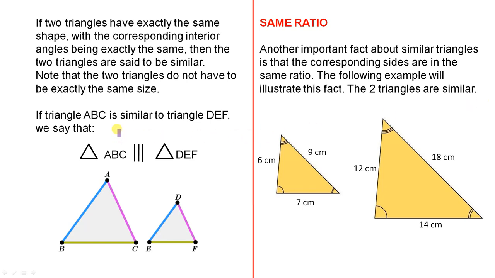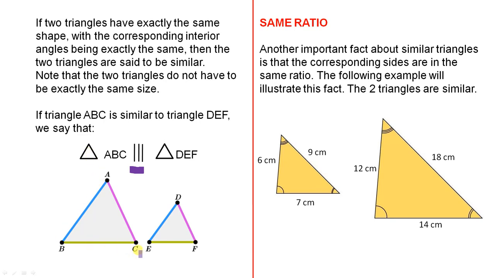If triangle ABC is similar to triangle DEF, we write it with symbols. The symbol here means similar to, and that little symbol just means triangle. It saves you writing the word.